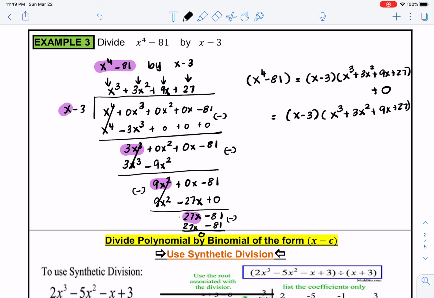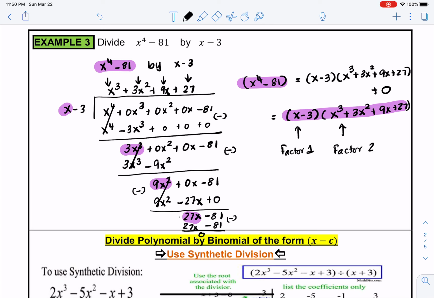So you can see that we took the original polynomial, which is x raised to 4 minus 81, and we expressed it in that form. And if you notice, that is the first factor, and that is the second factor.